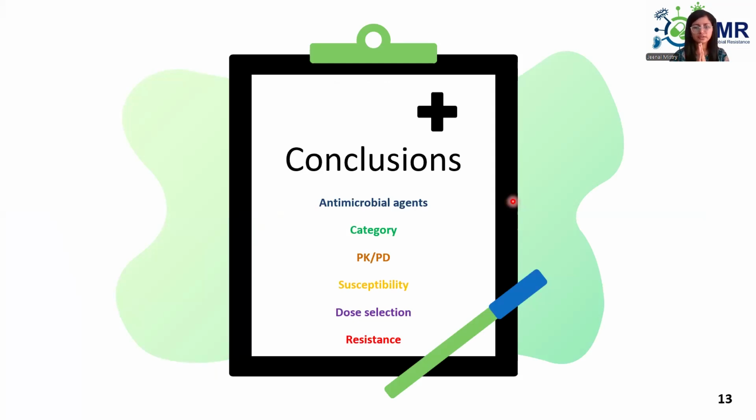I already taught in the previous video what an antimicrobial agent is, the categories of antimicrobial therapy according to the stages of disease progression, the pharmacokinetic and pharmacodynamic parameters which affect the success or failure of the antimicrobial agent, the impact of susceptibility testing for choosing the particular antibiotic, the definitive regimen of antimicrobial and microorganism, then the various dose selection and dosing schedule which affect antimicrobial effectiveness and its concentration versus time, and how resistance can develop, the various genetic factors, and other factors also affecting that resistance.